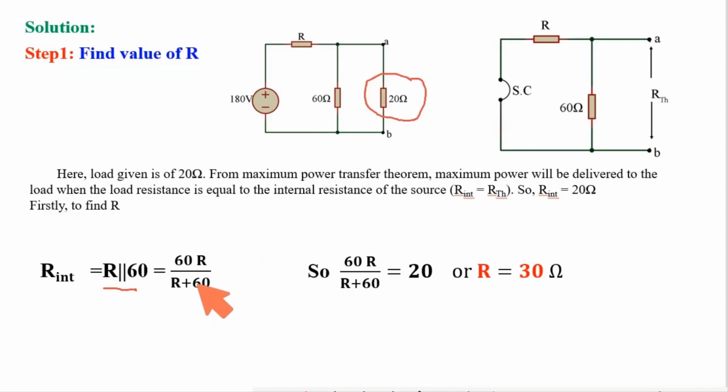Now this RTH should be equal to the load resistance to get maximum power, so this is equal to 20 ohm. Using this relation, I got the value of R as 30 ohm. So the first answer: the value of R should be 30 ohm to get maximum power at load 20 ohm.